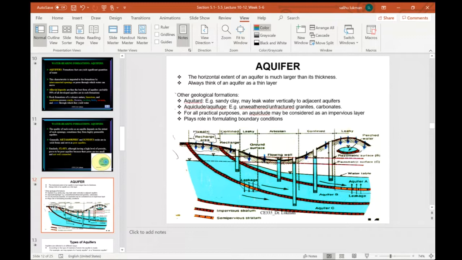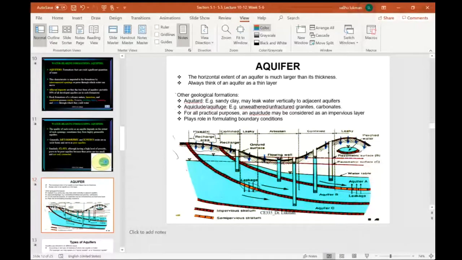When rain falls, or as a result of anthropogenic activities, when you pour water, it sinks to the ground, it infiltrates. If it is enough quantity, it seeps deeper down until it reaches the groundwater table. So that serves as the source of water.